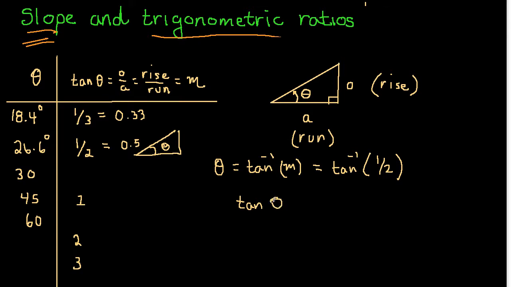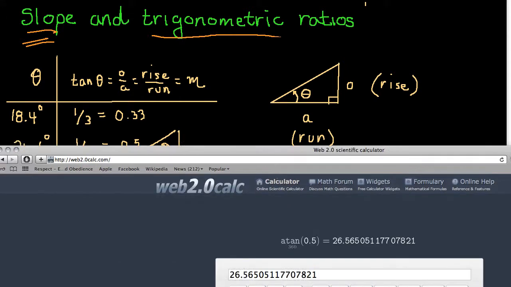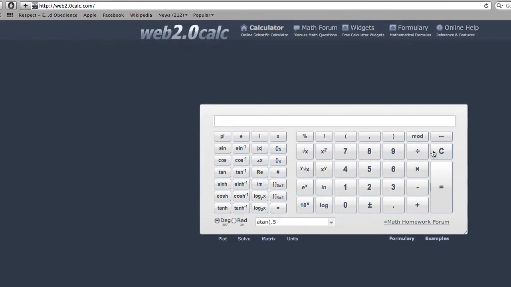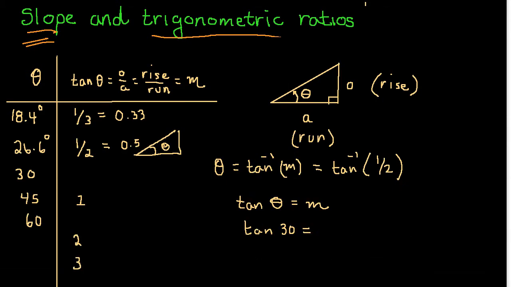So tan of the angle gives us the slope. So tan of 30 is equal to, let's go over here, clear this, tan of 30 is equal to 0.58. We'll round it, so 0.58. So here, this is going to be 0.58.